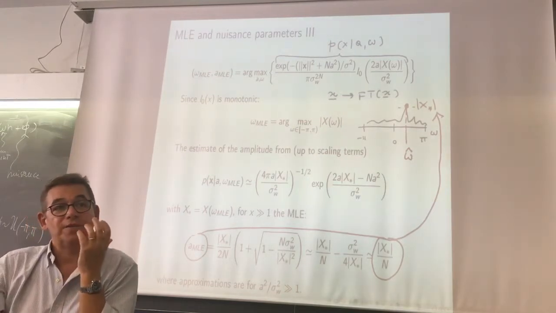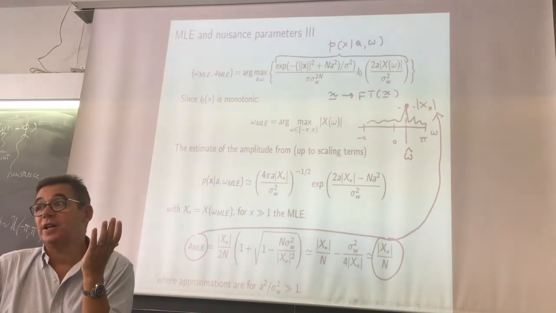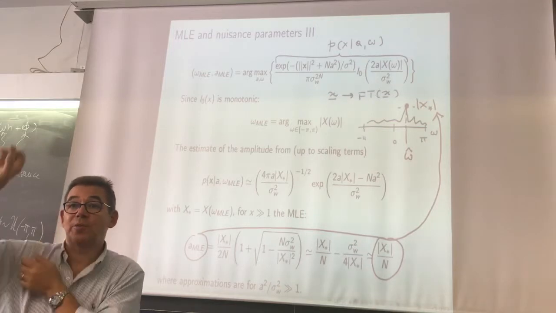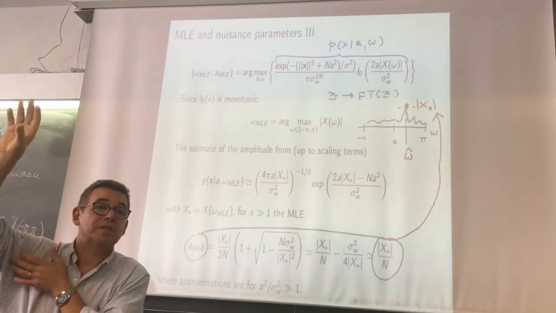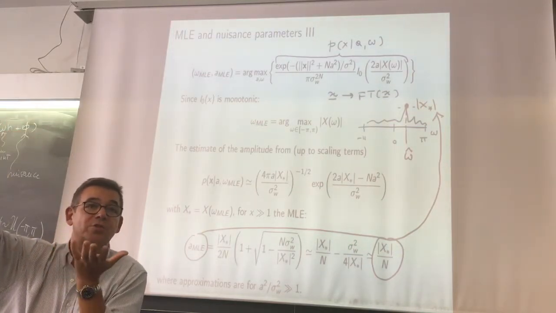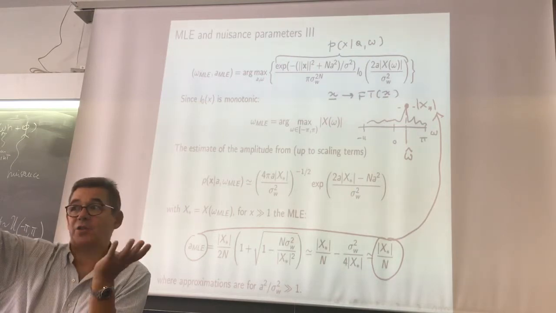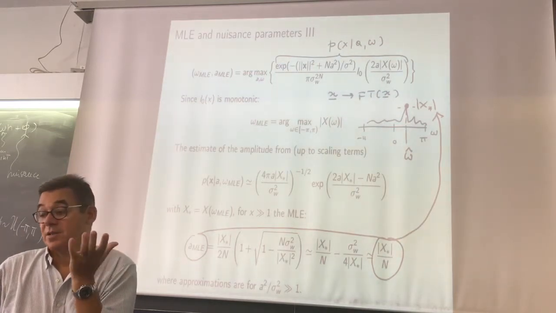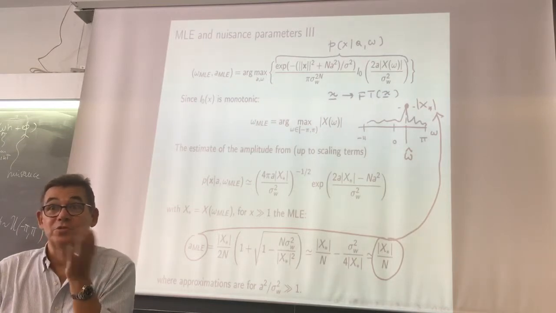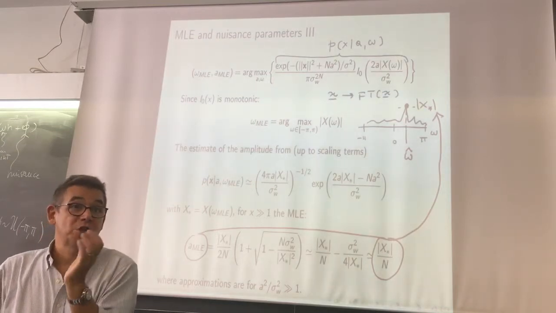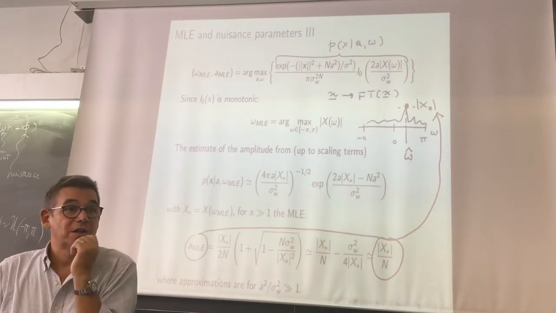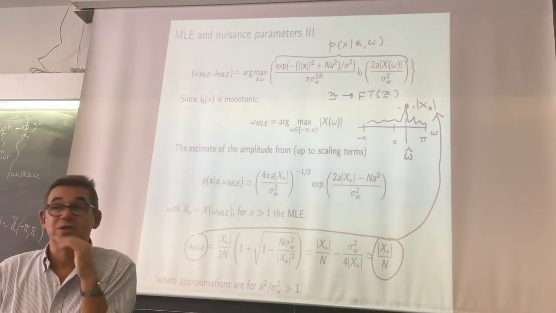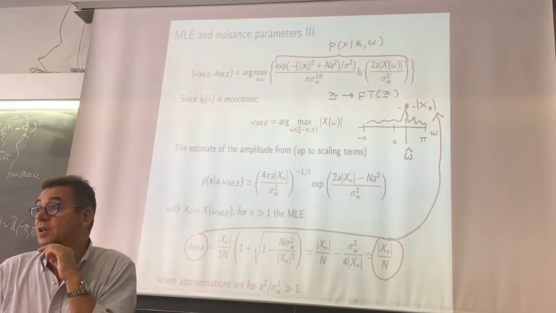Because if you routinely take the Fourier transform and pick the maximum, and someone asks you, are you sure you're doing the best? Can you do better? If you don't know the answer, it means that you are losing the job, losing the consultant opportunity.